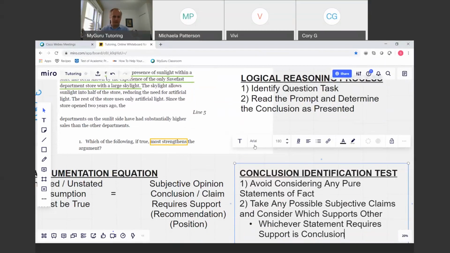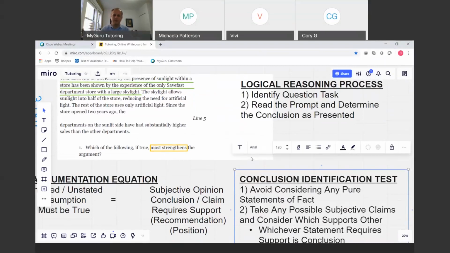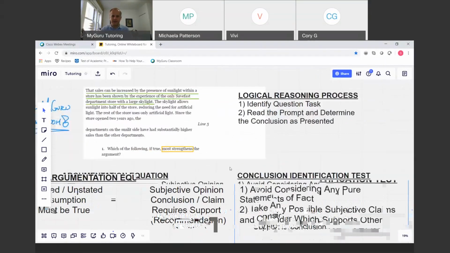So when you're thinking about what would be the conclusion, that's how you're going to want to do it. So this is the setup to our process for the problem.